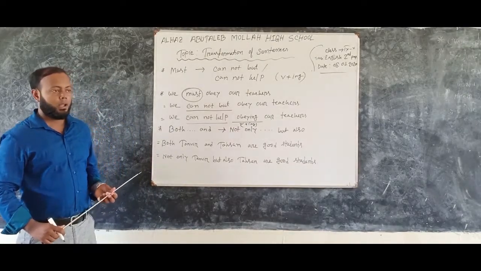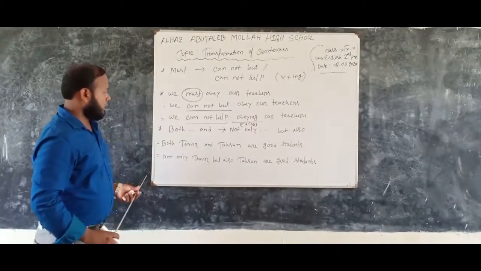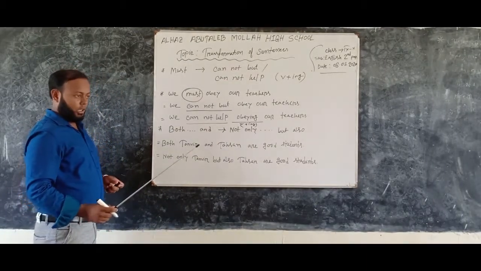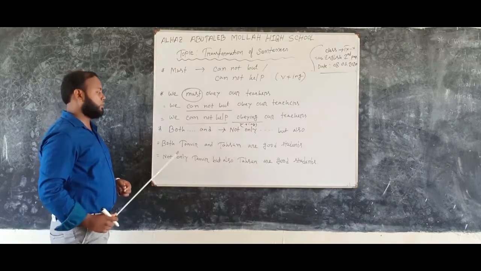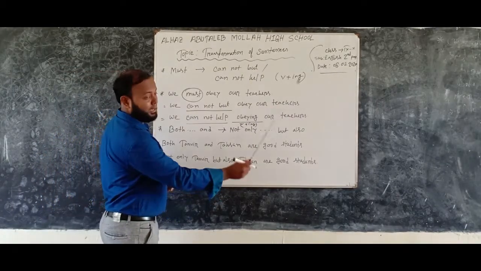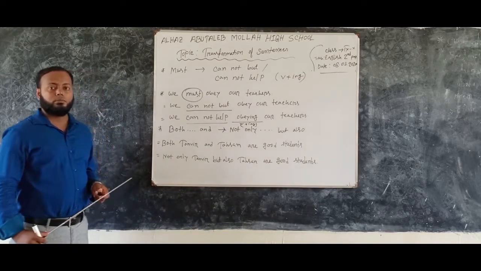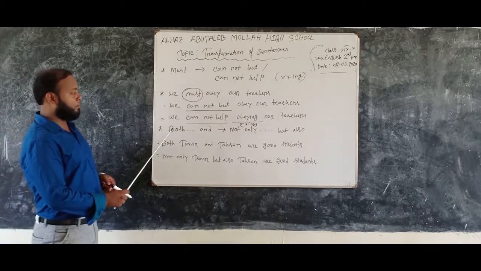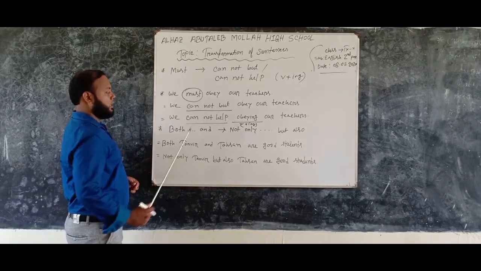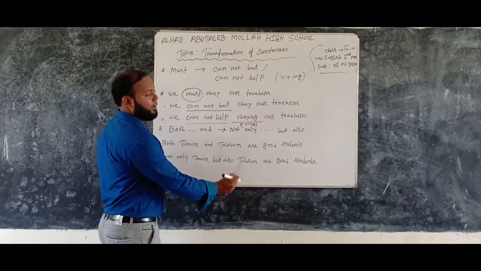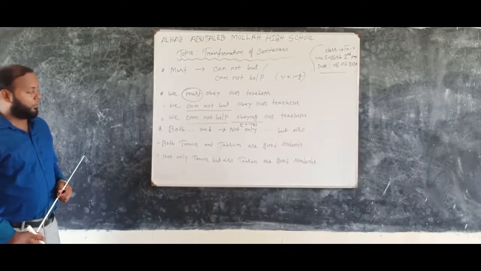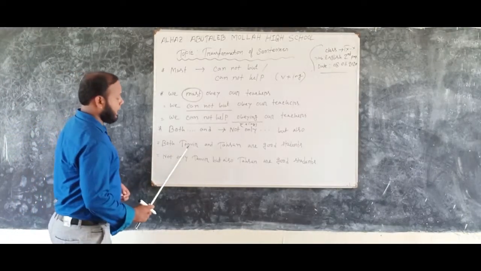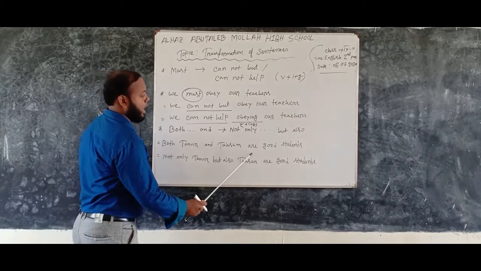Okay, thank you. Our next rule is, in any affirmative sentence, if we find both and, then we have to use not only but also. That means instead of both we have to use not only, instead of and we have to use but also to change into negative. So for example, both Tanvir and Taksan are good students.